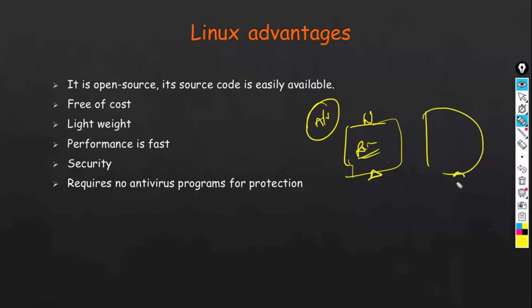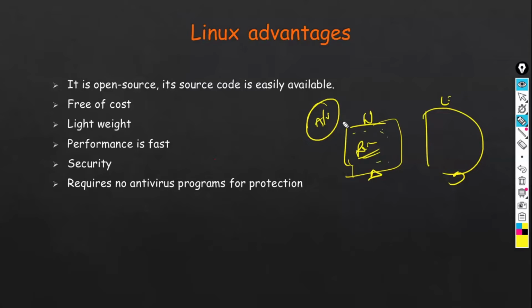But in the Linux operating system, you downloaded something, and along with that, if a virus comes, this virus will not spread across the system. It will not spread across the OS. You can uninstall that particular package, and your virus will be gone. But in Windows it's not like that. That virus will spread to all the packages and all the software.